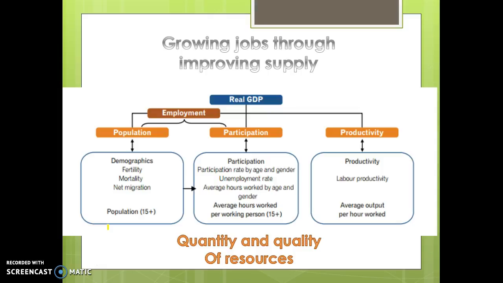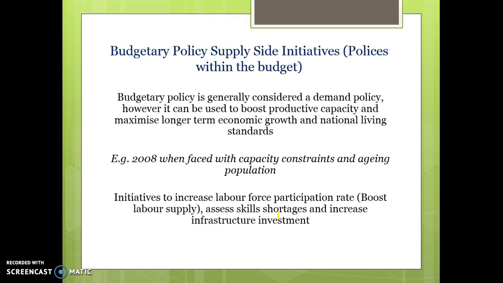As I said, when you're referring to these policies, we're looking at ways we can boost real GDP by focusing on the 3 Ps: population, participation and productivity. Participation, again, it's been a while, but basically measures the percentage of people over 15 that are actively seeking work or involved in the labour force. So budgetary policy is generally a demand policy.